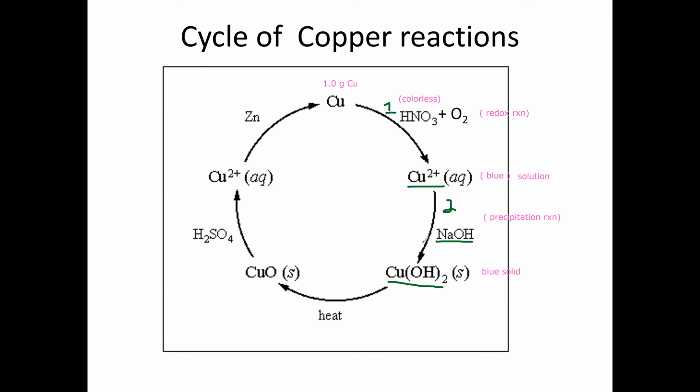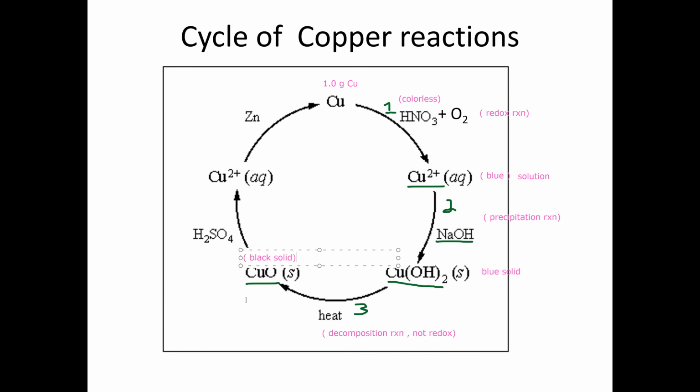So then we're going to take this copper 2 hydroxide. We're going to heat it to form copper oxide. So this third step is a decomposition reaction, but it's not redox. So we decompose the copper 2 hydroxide, which is a blue solid, to a copper 2 oxide, which is a grayish black solid.